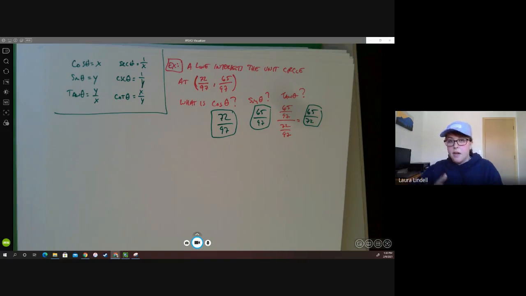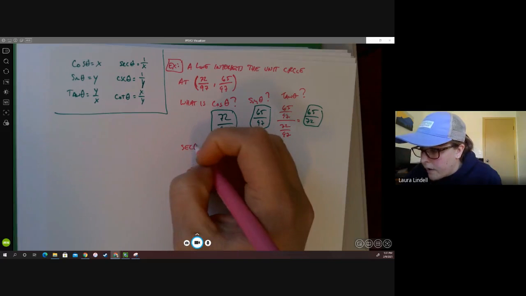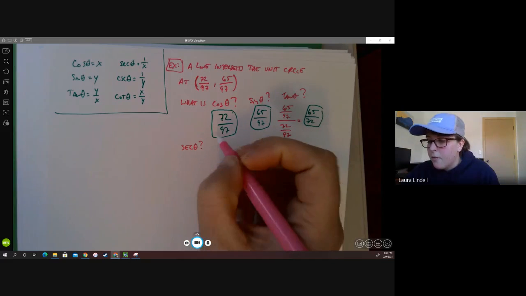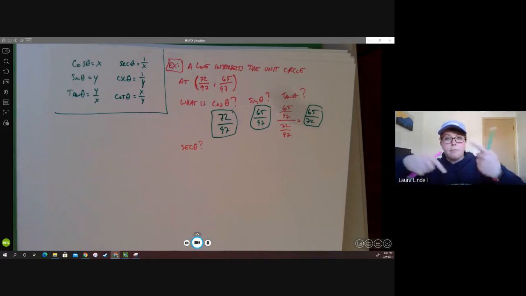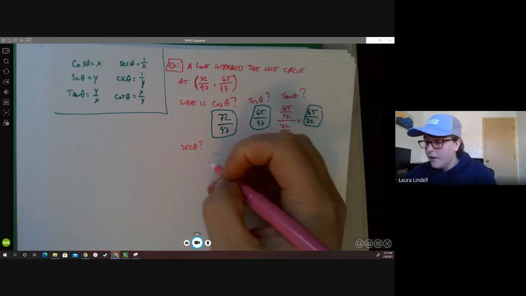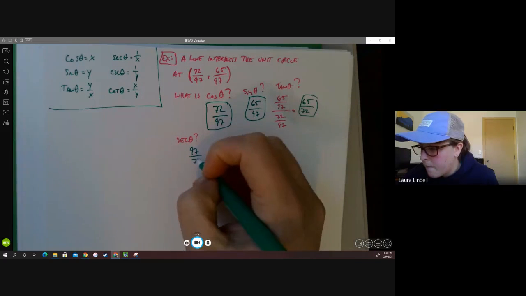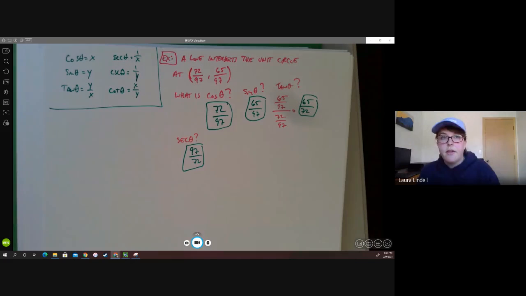And then if you have sine, cosine, and tangent, especially in this fraction format, it makes it really nice and easy to find secant, cosecant, and cotangent, because then I can just go, all right, well, what if I wanted to know secant of theta? Well, that's 1 over x, or flip cosine. So then I just flip cosine and get 97/72 for secant of theta.